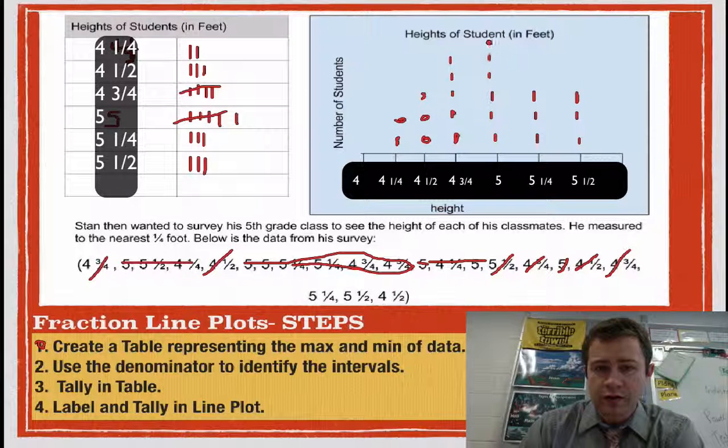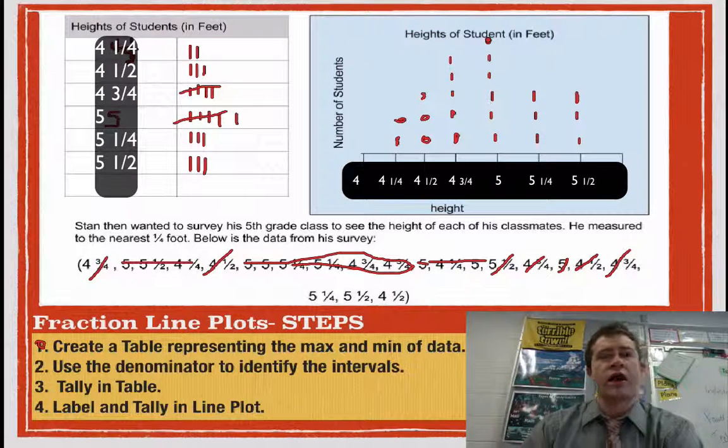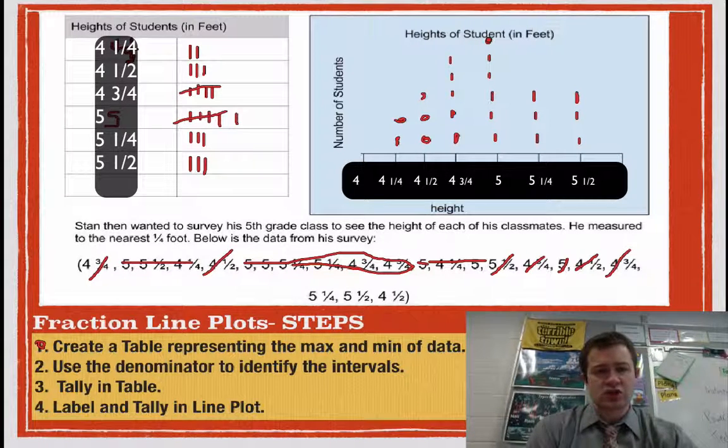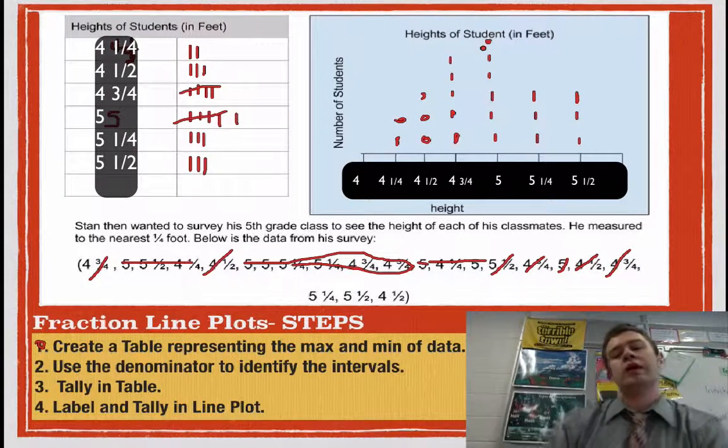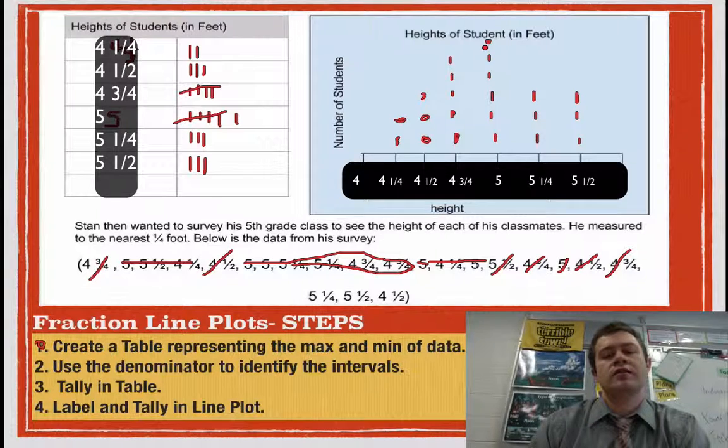Sorry. So our mode, which is what happens most often, would be 5, which means that most students are around 5 feet. Okay? And our range is 4.25 to 5.5. So it'd be 1.25 feet as our range. Okay, from the shortest to the tallest person.